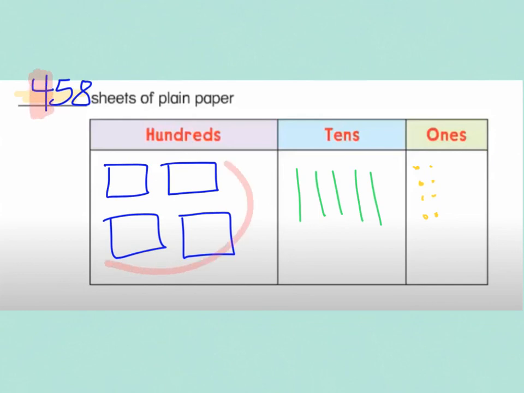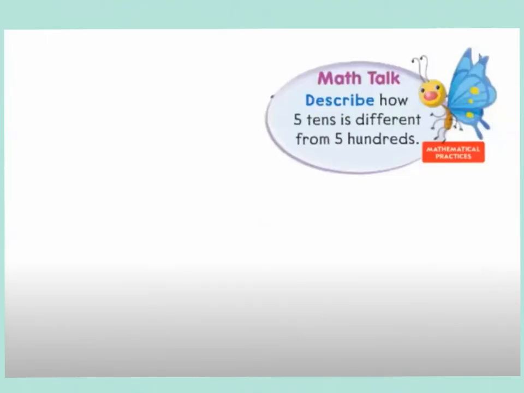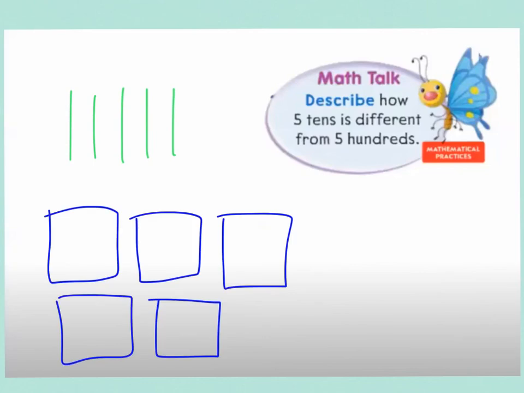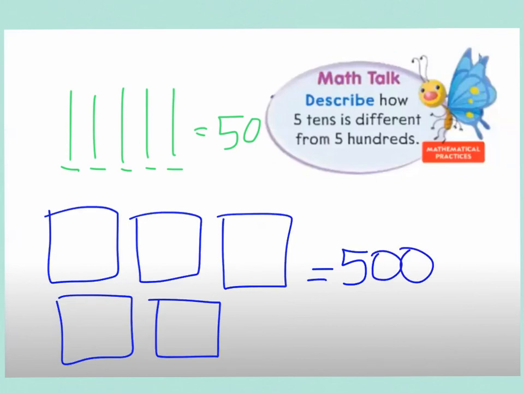We can see the value is 400. That's how much it's worth. Let's think. How is 5 tens different from 5 hundreds? If we skip count by 10 and add these 10 blocks, we have 50. If we skip count by 100 and add these 100 blocks, we have 500. Which one is there more? 500.